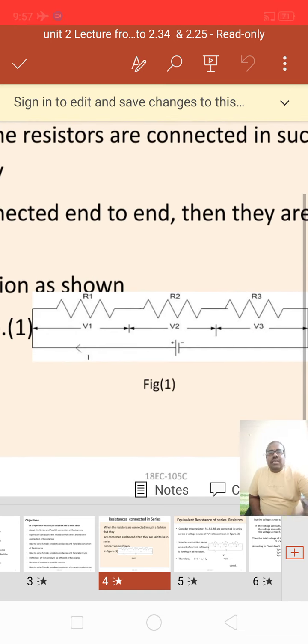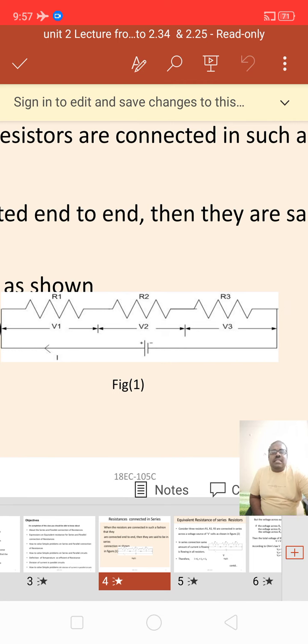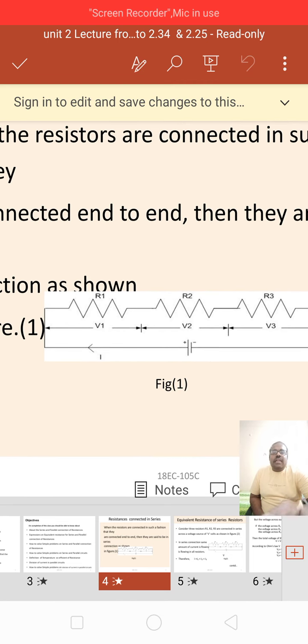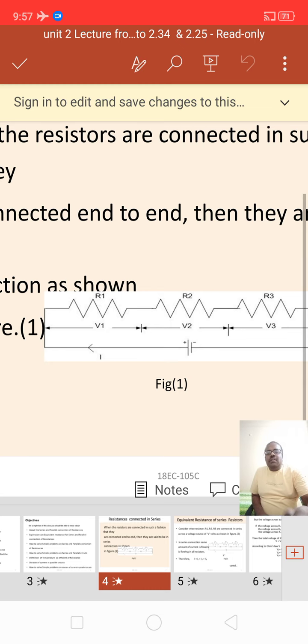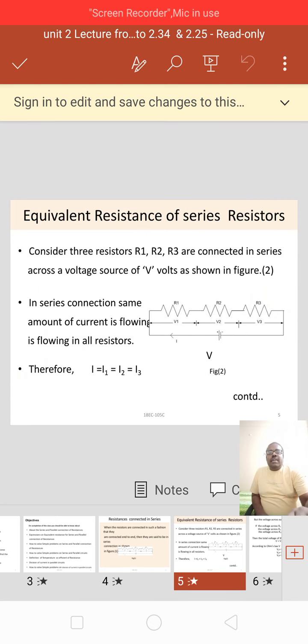Here three resistors are connected in series one by one, and the ends of these three resistors are connected to a battery V. The voltage across the first resistor R1 is V1, the second resistor R2 is V2, and the third resistor R3 is V3. But the current passing through these three resistors is the same, that is I.